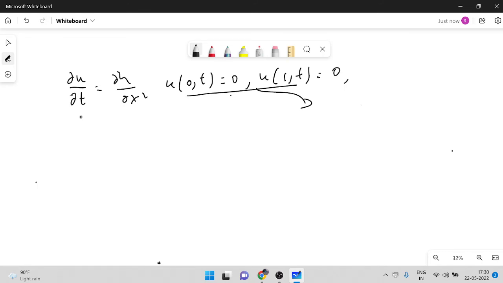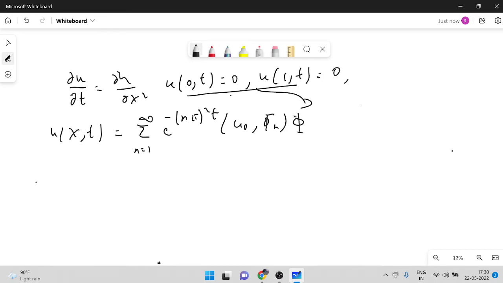So the solution of the PDE is u of x comma t equals sigma n equals 1 to infinity e power minus n pi whole square t into the inner product of u0 and phi n, into phi n.